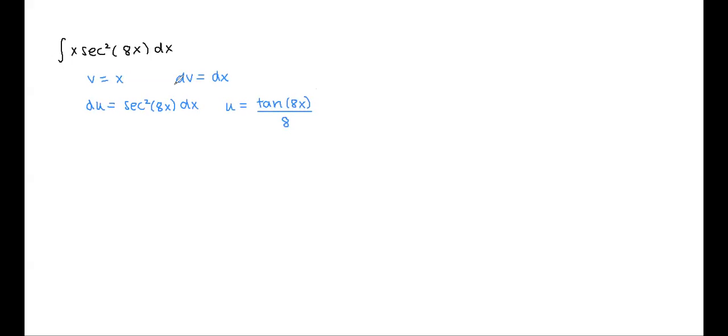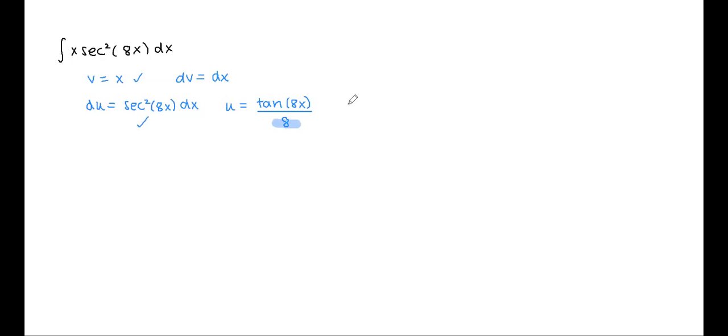The choice of v should be pretty natural because we know that the derivative of x is going to be easy to evaluate, and also because we know that the integral of secant squared should not be too difficult to evaluate. So those are two things that we need to consider in general: the derivative has to be easy to differentiate, and the integral also should be easy to evaluate. The slightly tricky thing in this case is that we need to make sure that we divide by 8 because the inside function is not just x, right?